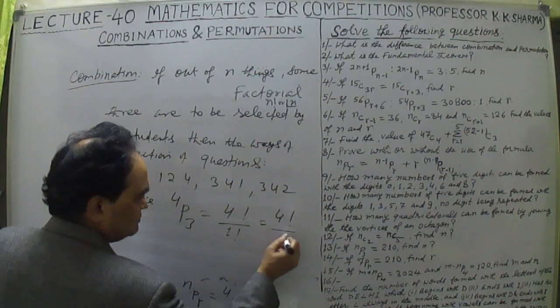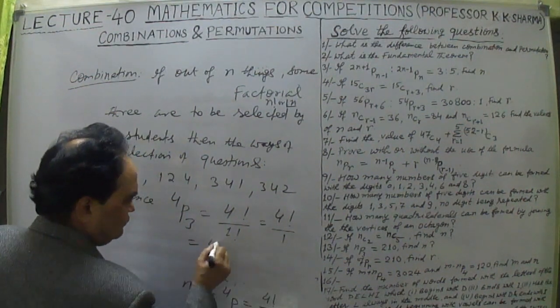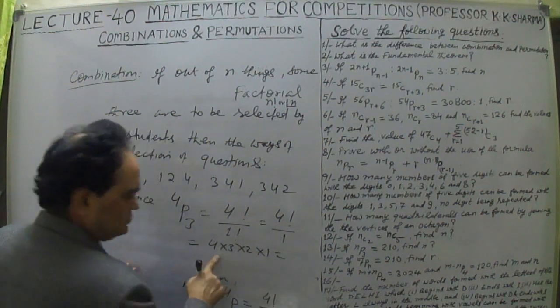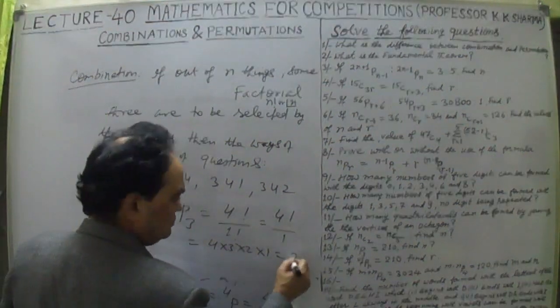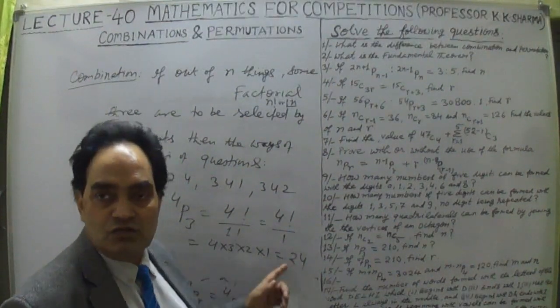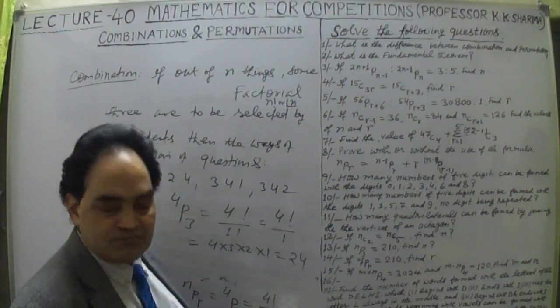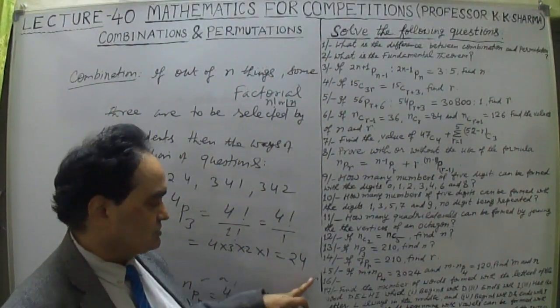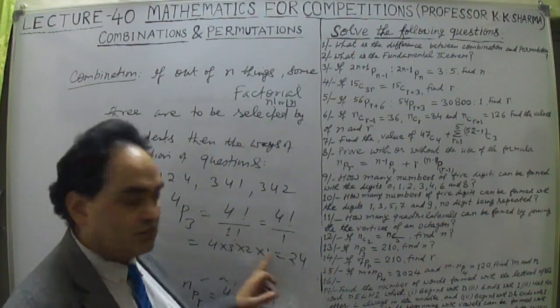Factorial 1 is 1. Factorial 4 means 4 into 3 into 2 into 1. 4 3s are 12, 12 twos are 24. Total 24 arrangements are there. So this is how the formula fits. This permutation formula gives us 24 here for 4P3.